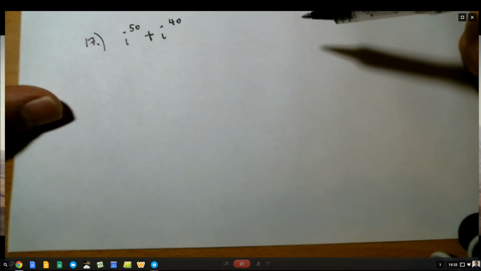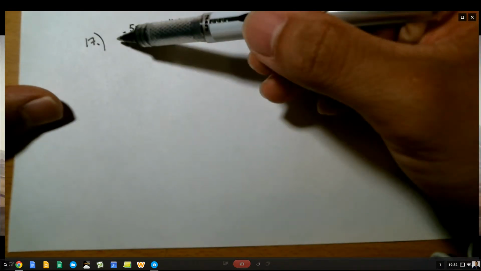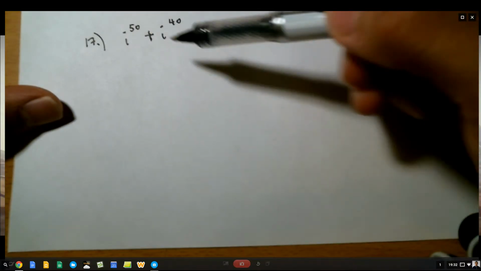Now here we have an addition. When we have addition, we can't really do anything with the exponents. It's when they're being multiplied that you can add the exponents. Since the two i's are being added, there's really nothing you can do. What you have to do is figure them out individually and then add them.